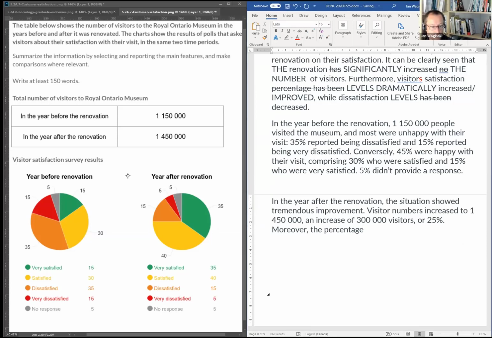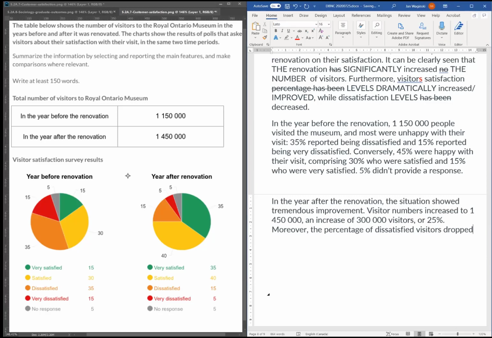The percentage of dissatisfied visitors. What was the 100%? Well, first you would want to give the absolute number. So how many in total were dissatisfied?